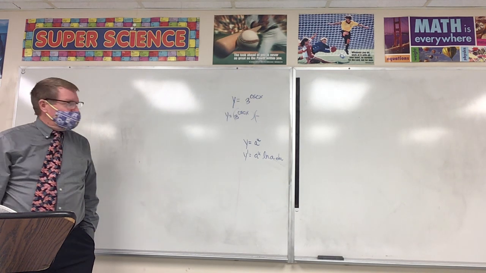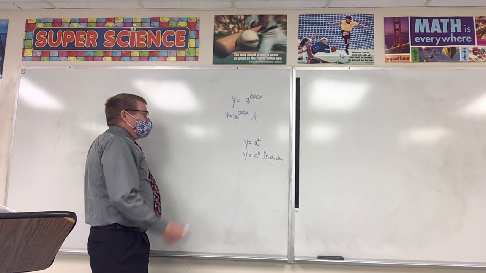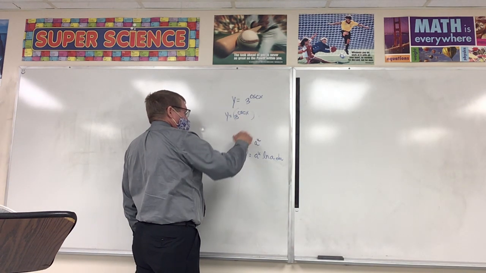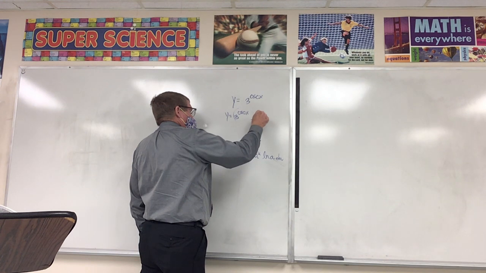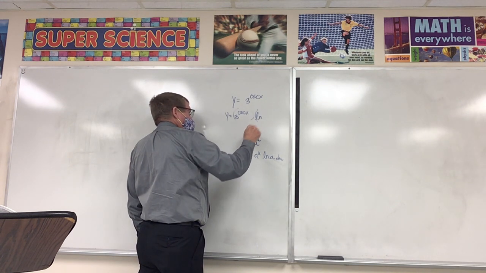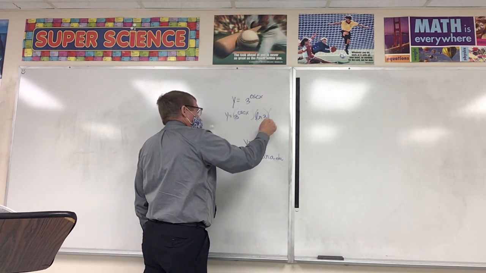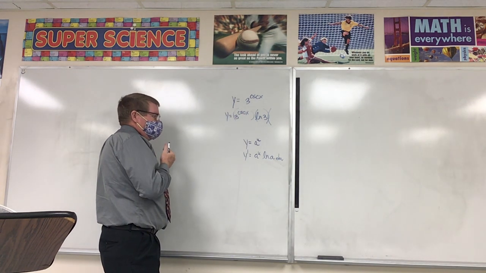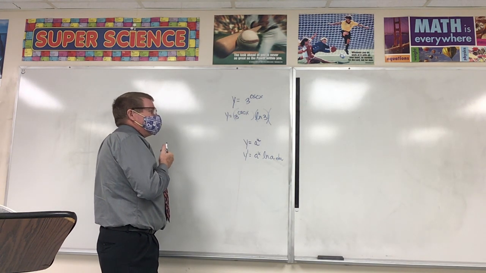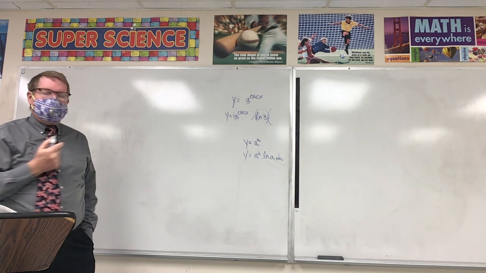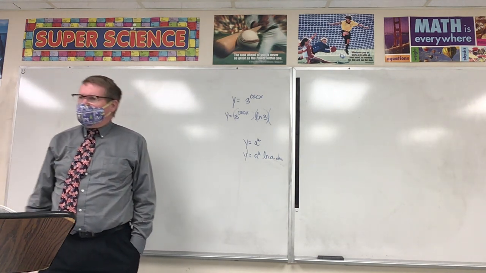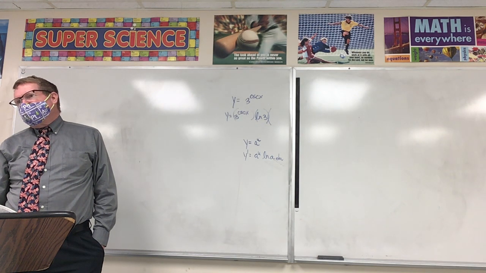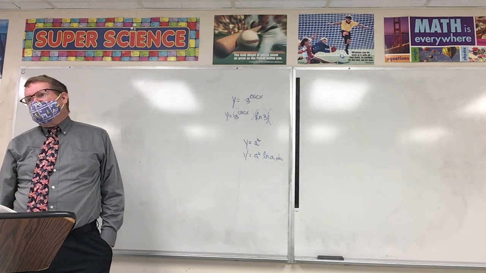Oh, yeah, that's what I had on my paper. So we get 3 to the cosecant x, then ln of 3, times the derivative of cosecant x. What's the derivative of cosecant? Oh, I was thinking of arc cosecant.